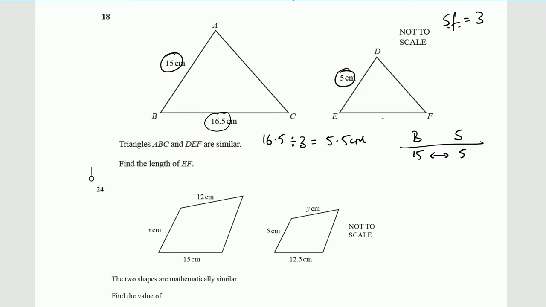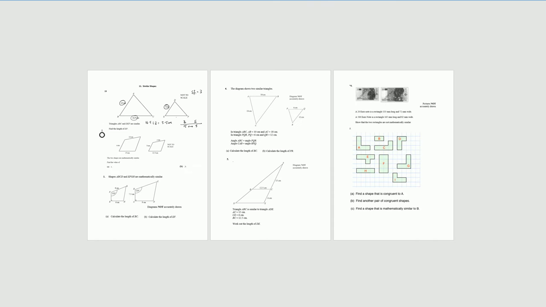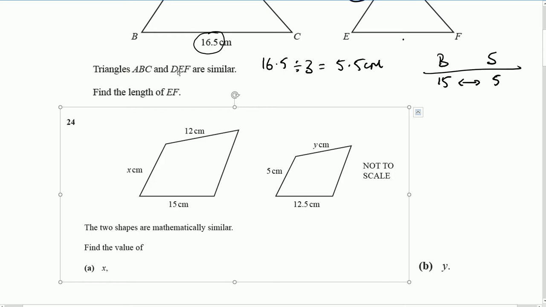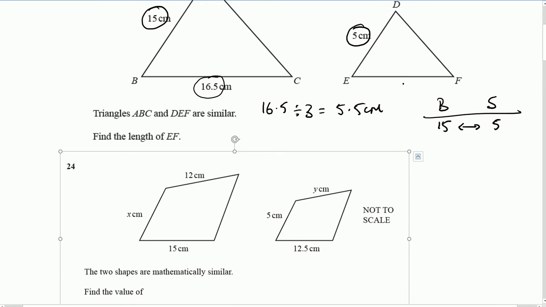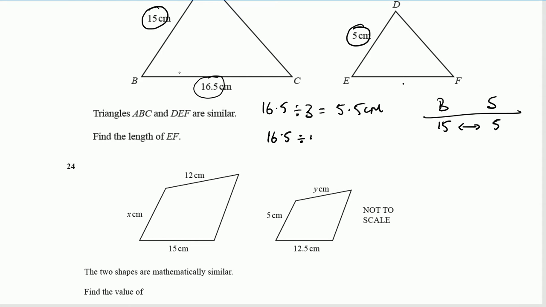So if I've got a measurement on the big triangle of 16.5, then what I can do is take that measurement on the big triangle, divide by the big triangle number to get out of the big triangle, multiply by the small triangle number to get into the small triangle, so that's a 5 of course, and that would once again give me 5.5.